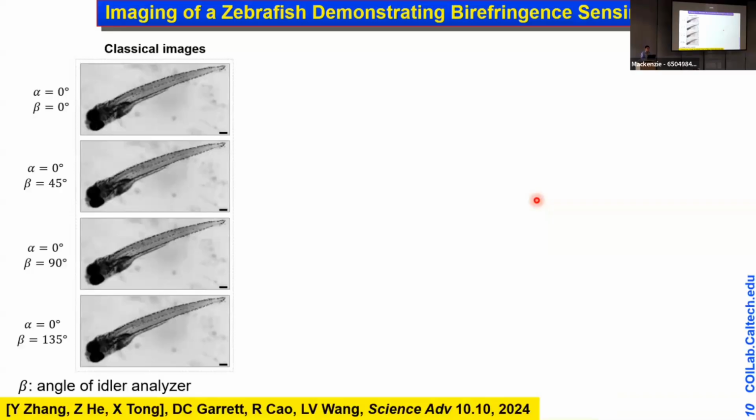For the polarization demonstration, alpha is the polarization angle of the signal arm, and beta is that of the idler arm. In those 4 images, we only change the idler polarizer angle. Of course, if you look at only the classical images, nothing changes, so they look identical.